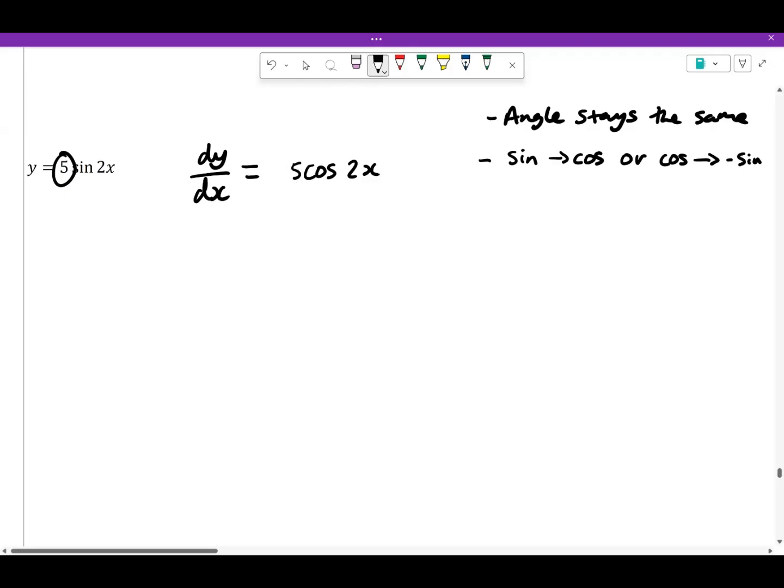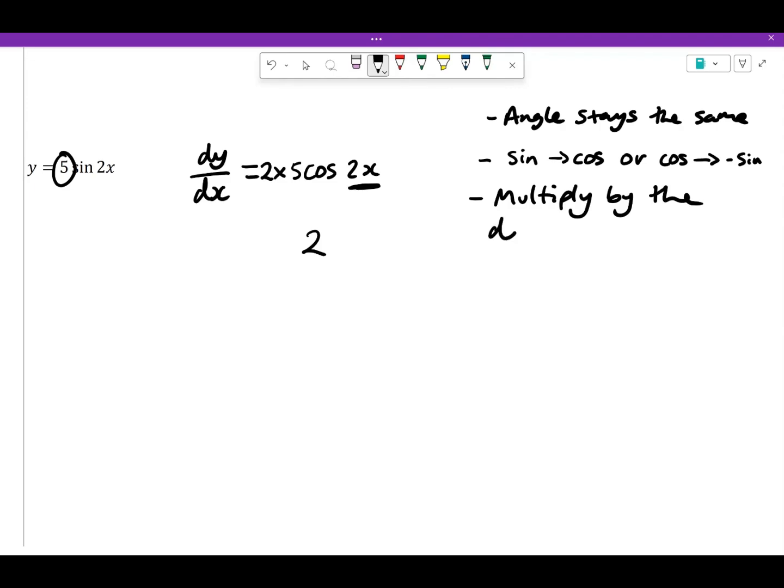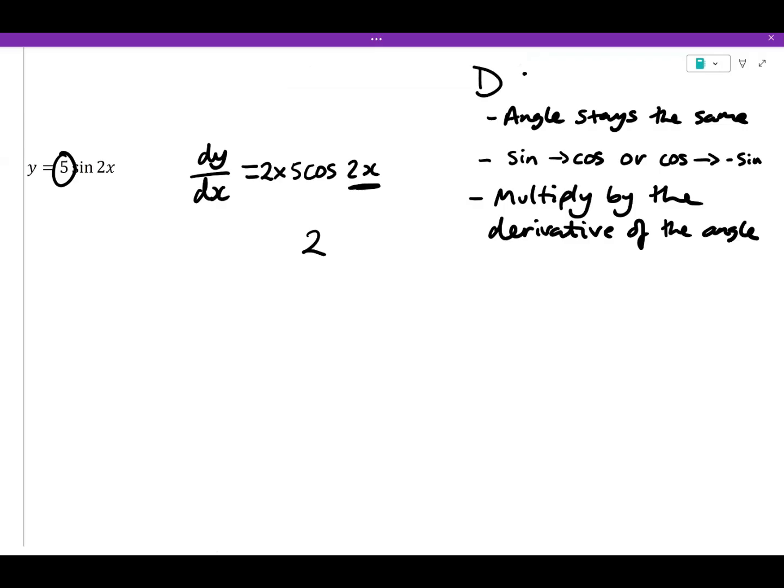And our final step for differentiating is we need to differentiate our angle, which gives me 2, and I need to multiply by that. So we're going to multiply by the derivative of the angle. So that's our steps for differentiation.